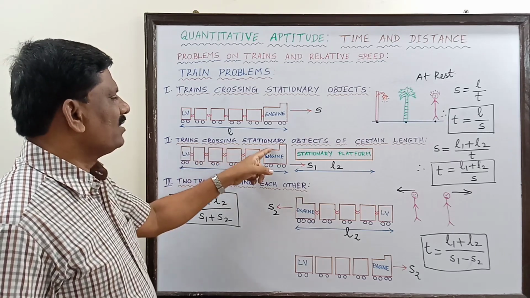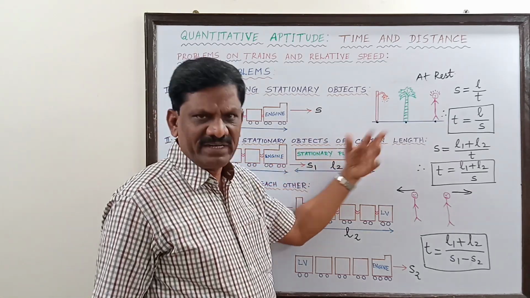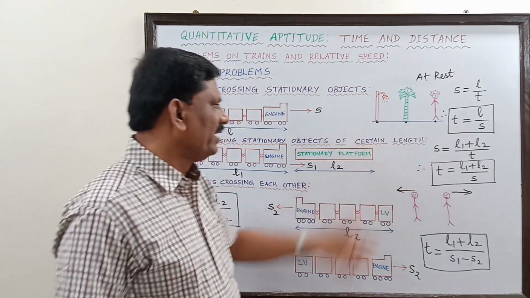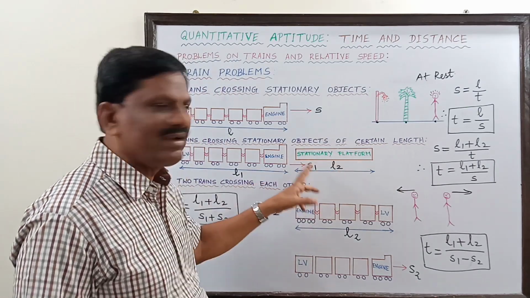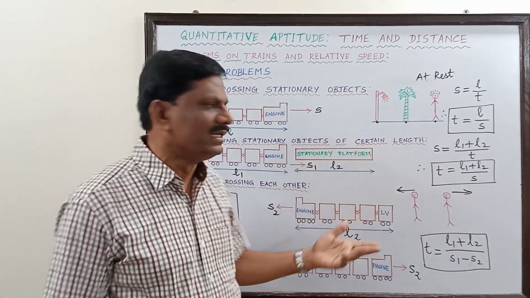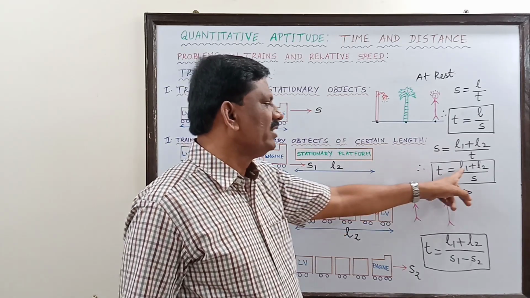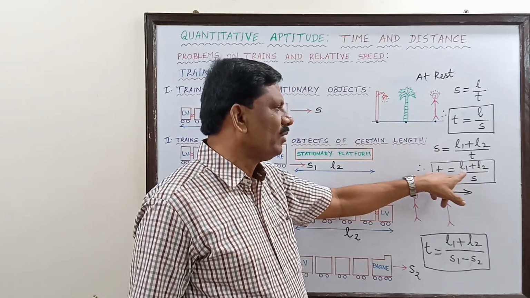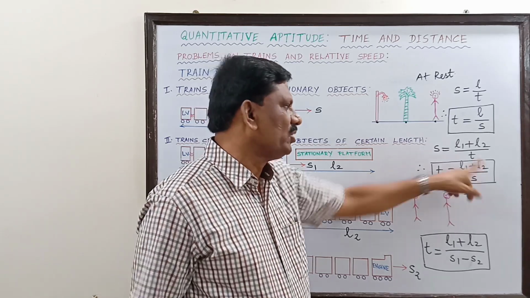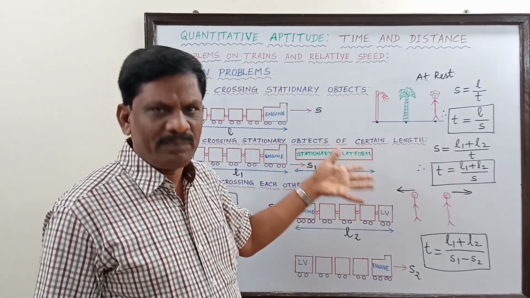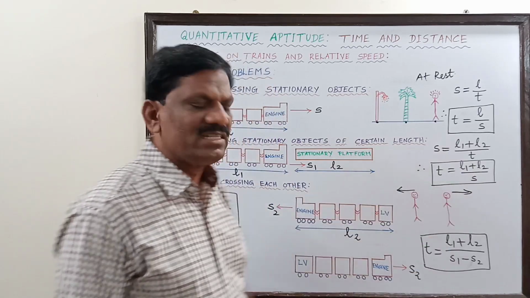Similarly, when trains cross stationary objects of some appreciable length, like a stationary platform or railway bridge, the time taken to cross the platform is T equals L1 plus L2 by S, where L1 is the length of the train, L2 is the length of the bridge or platform, and S is the speed of the train.